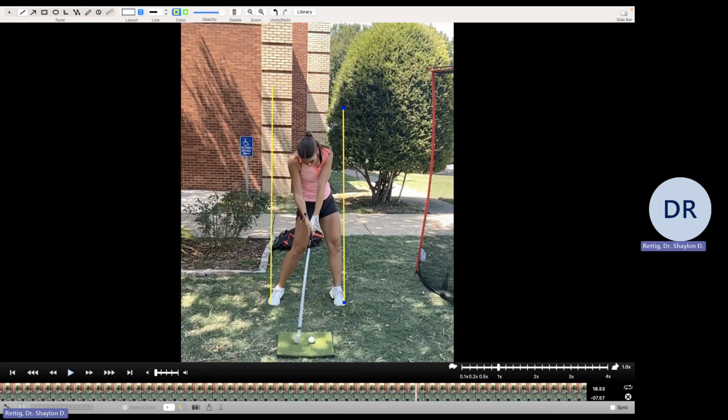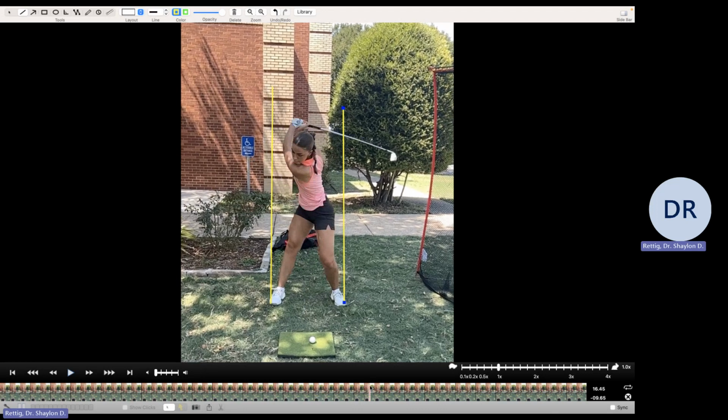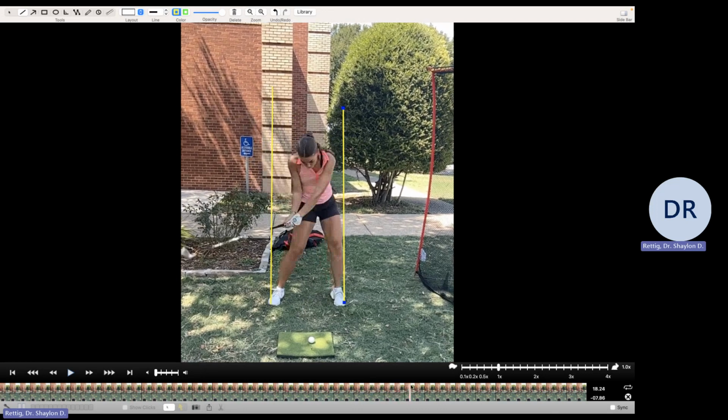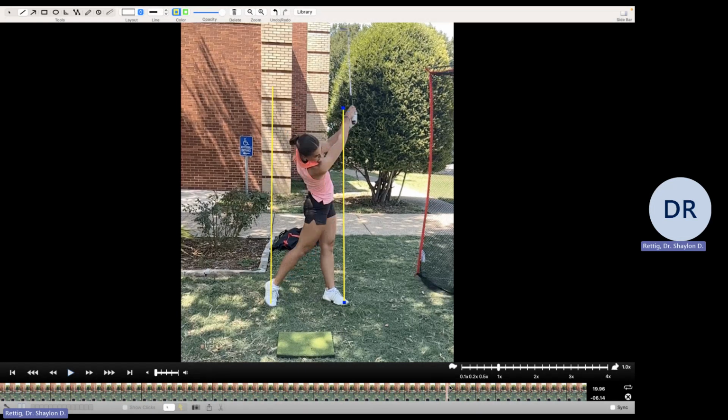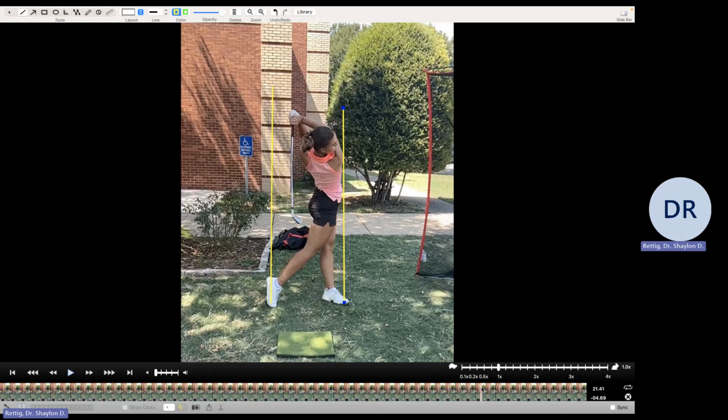And that lets us know if you're getting appropriate weight shift towards the target. And really what that means is your coil is great. You're coiling, and that's really where all your power is coming from. And then you can see well after you hit, your weight goes forward. And that's really more so biomechanics than true weight shift.